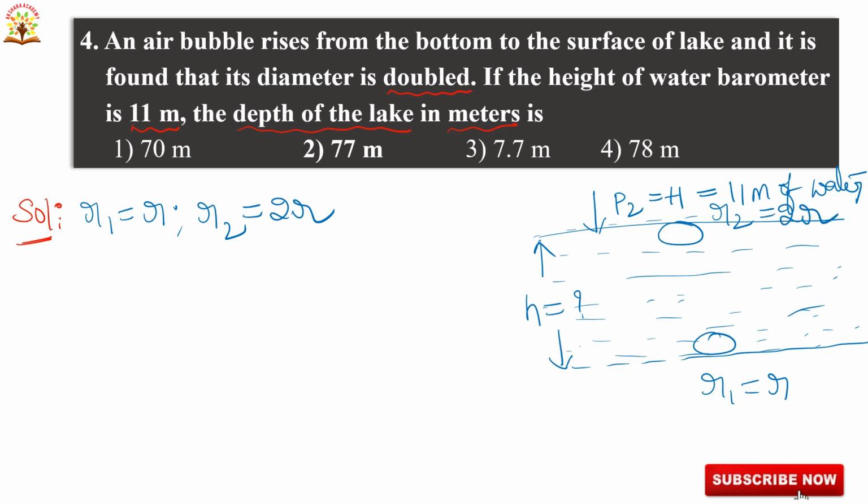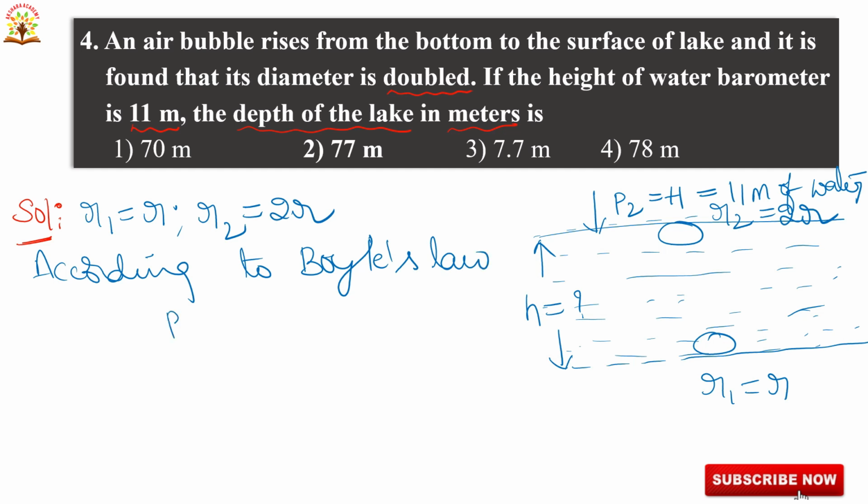According to Boyle's law, P1 V1 is equal to P2 V2.